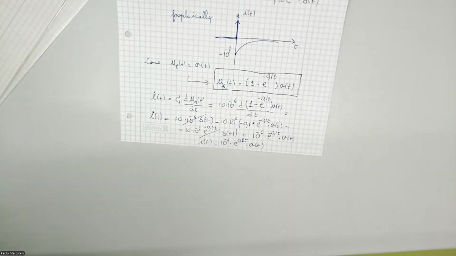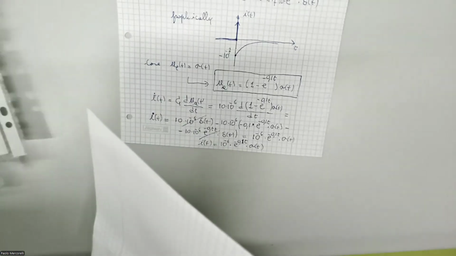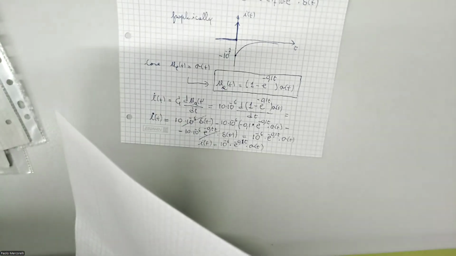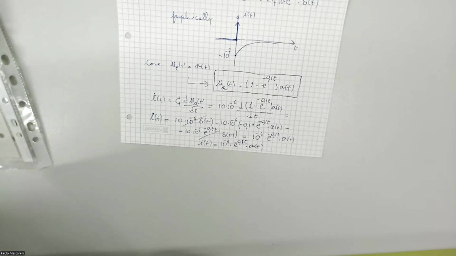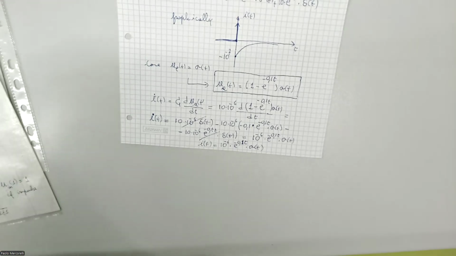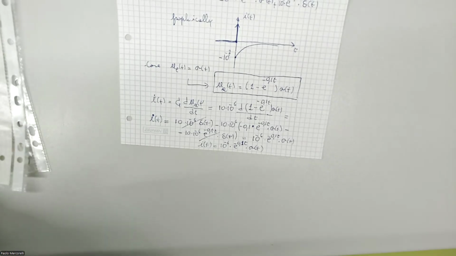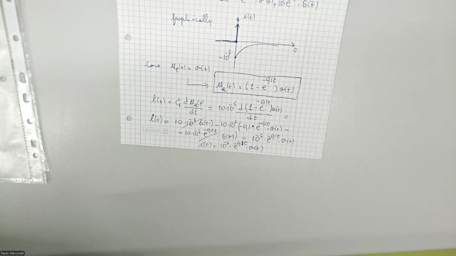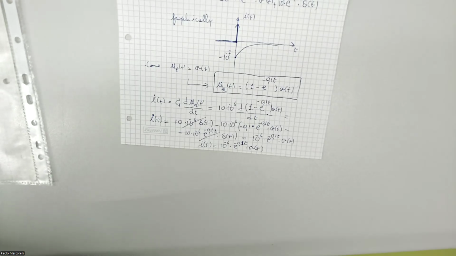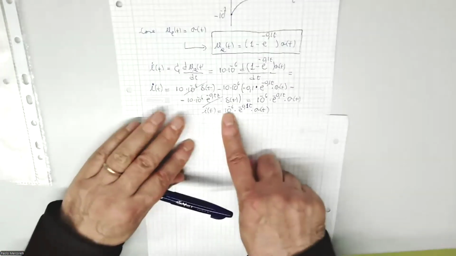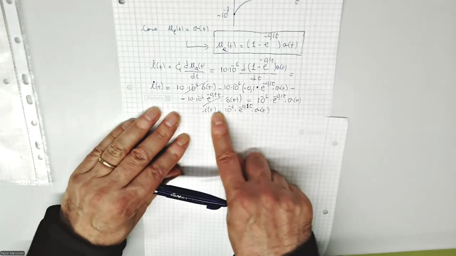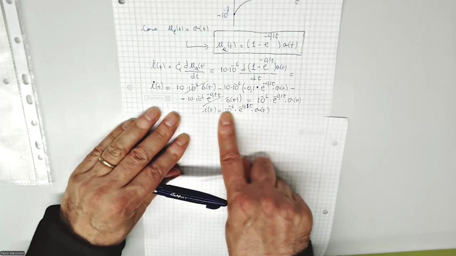Let me graph. Yeah, I have here the graph, but the graph is easy. No? The current at time 0 is 0, no current. And then we have a discontinuous current.